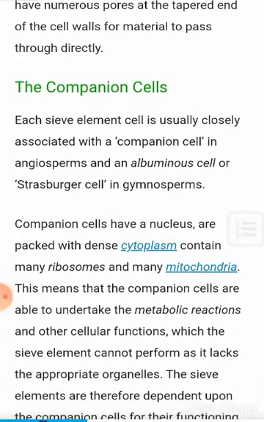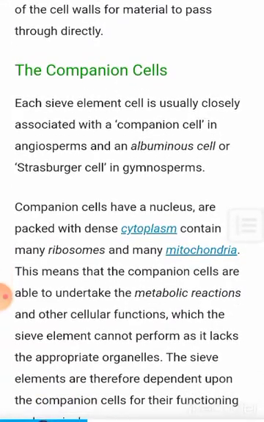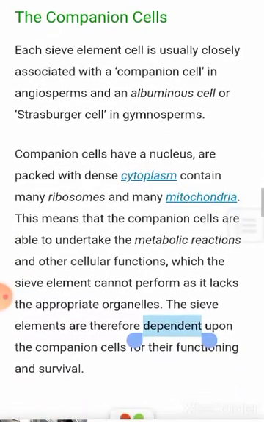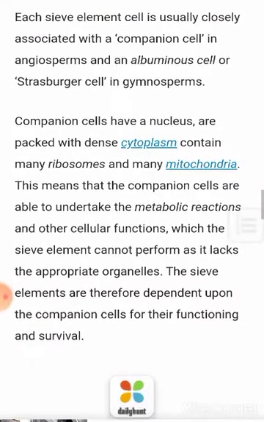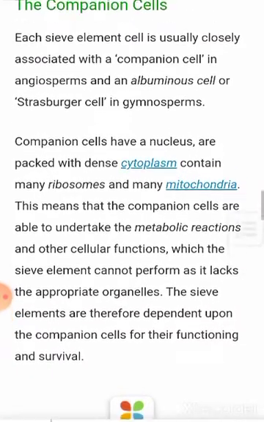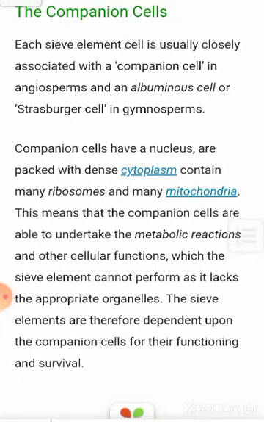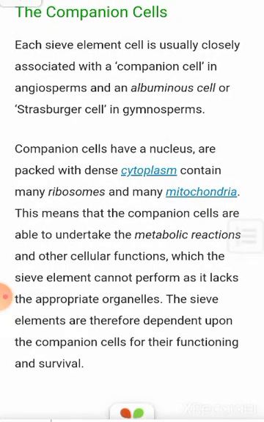Companion cells have a nucleus, are packed with dense cytoplasm, and contain many ribosomes and many mitochondria.